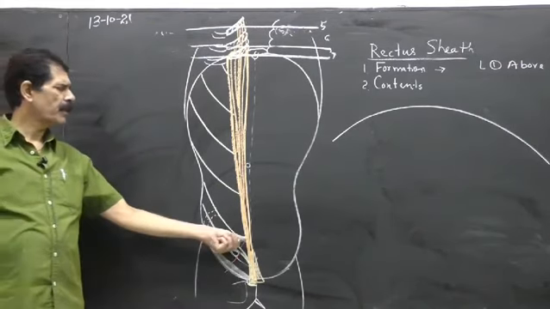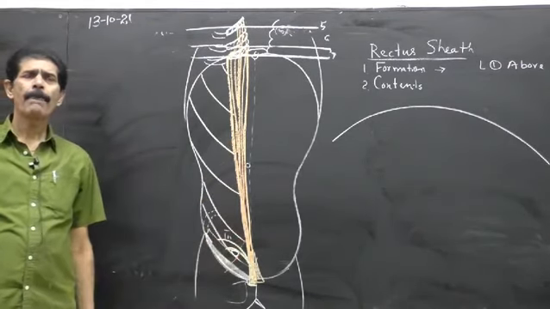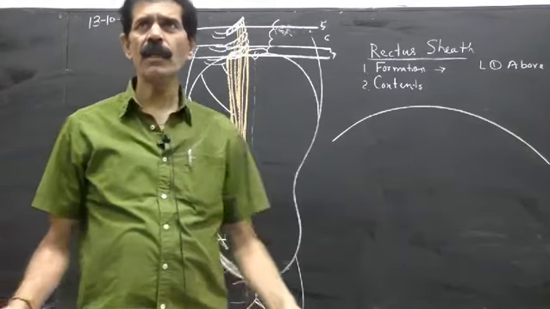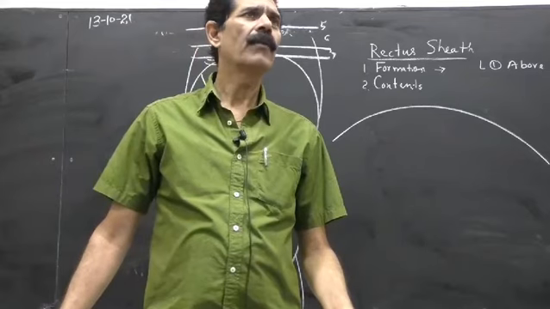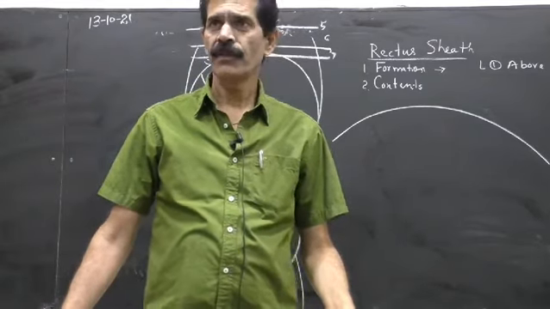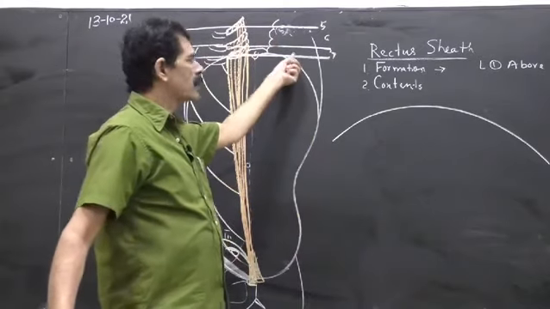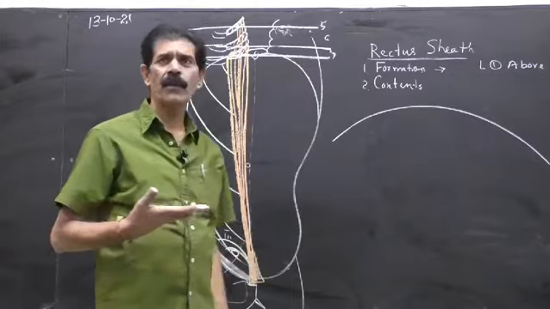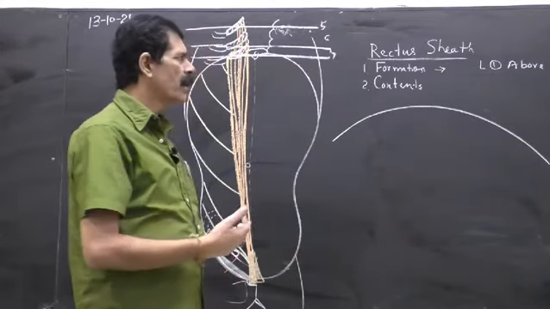As this rectus abdominis will be covered by the rectus sheath, wherever this muscle is going up and down, we have to make this sheath. So when we cut this transverse section of the abdomen at the level of the fifth, sixth and seventh ribs, what picture will you get?